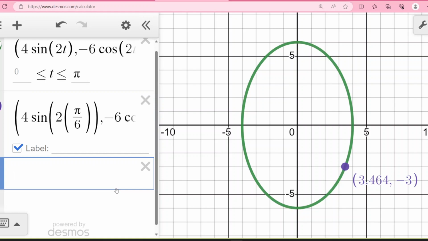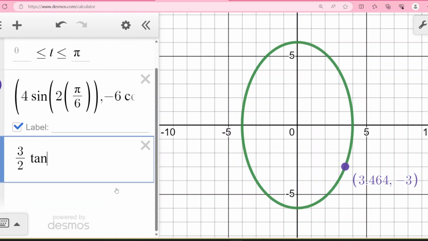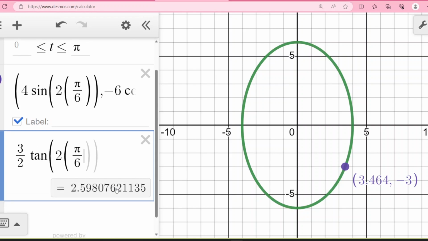I'll take 3/2 times the tangent of 2 times pi over 6 here, and you see the positive value come up, 2.59. So there's the slope of the tangent line at this point, and we can find the equation for it, but we're not asked to do that here. But if you were to imagine a tangent line at this purple point, it would have a positive slope, and right here is that slope, 2.598 something.